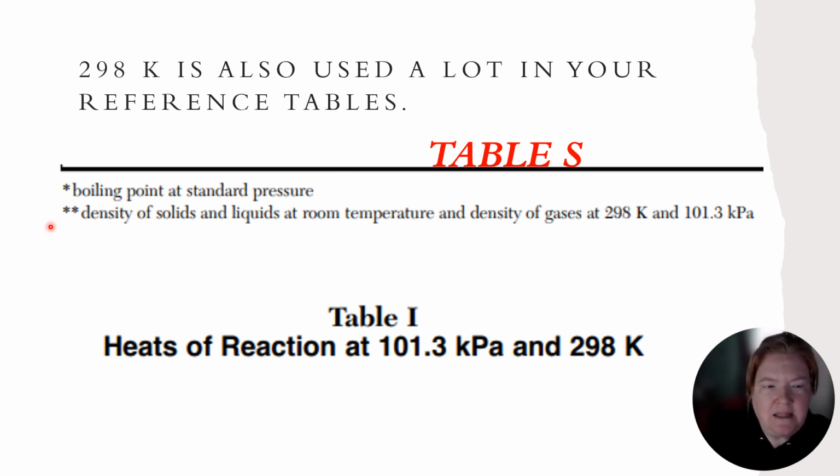So in Table S at the very bottom, you will see that the density for the liquids and solids is determined at that temperature and pressure. And then also at the top of Table I, you will see 298 K referenced for the heats of reaction. So if a question on the exam or test mentions 298 K, you should be thinking, oh, they're telling me as a hint, I should probably use my reference table.